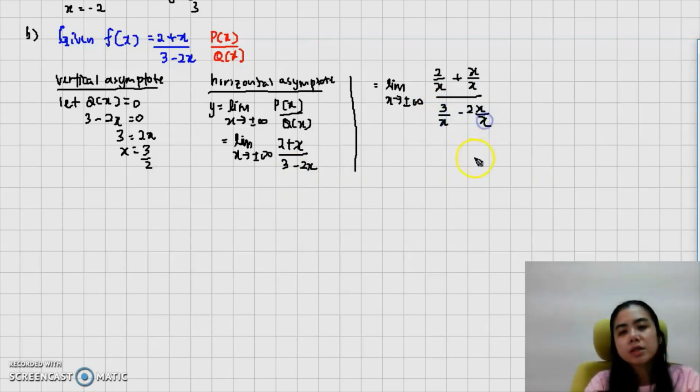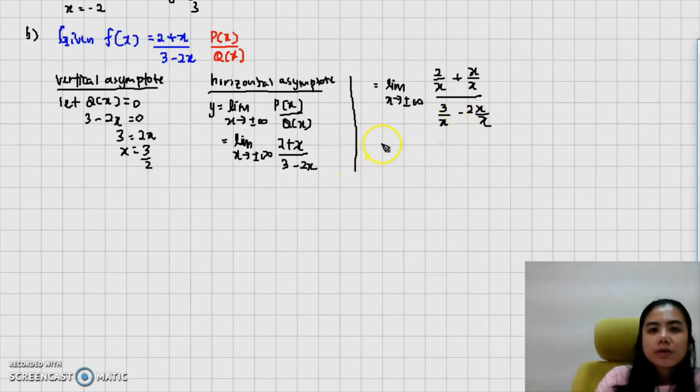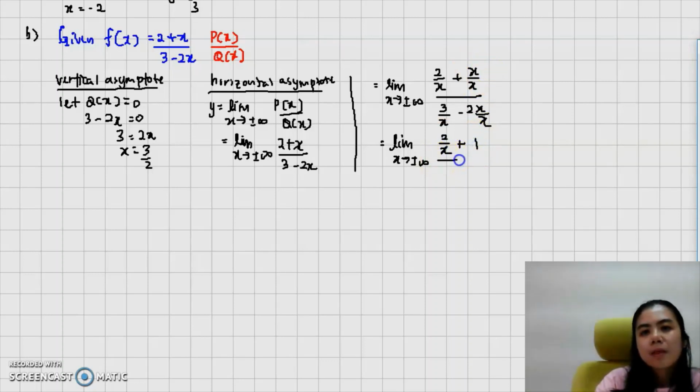If you can't remember, just refer back to the previous examples on limits. I'm going to simplify it. So it's actually 2 over x, and this one we have 1. It is 3 over x, and this is actually minus 2.